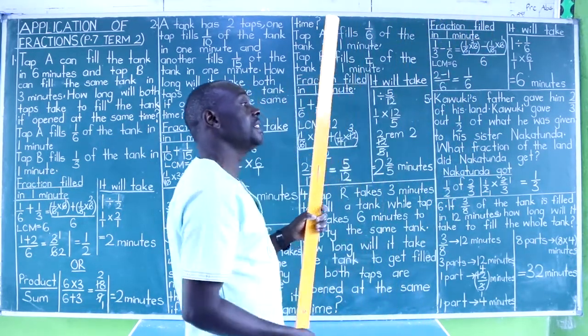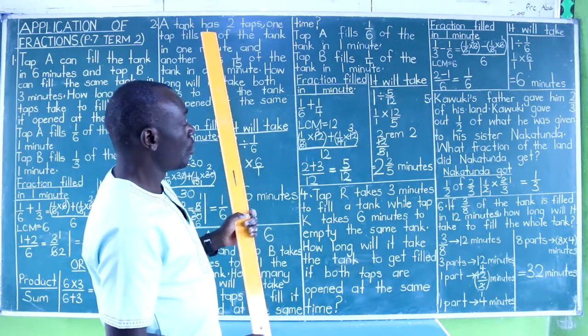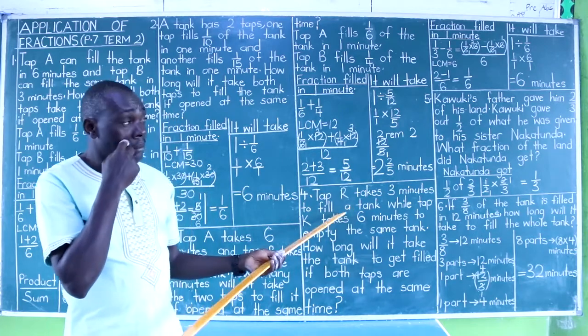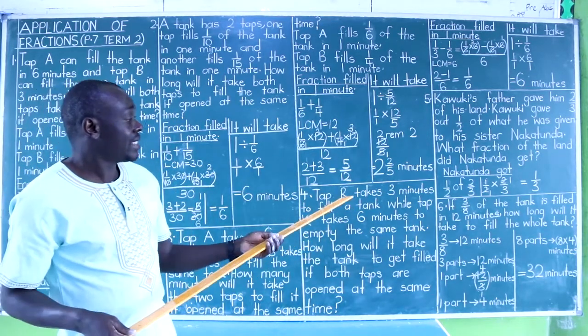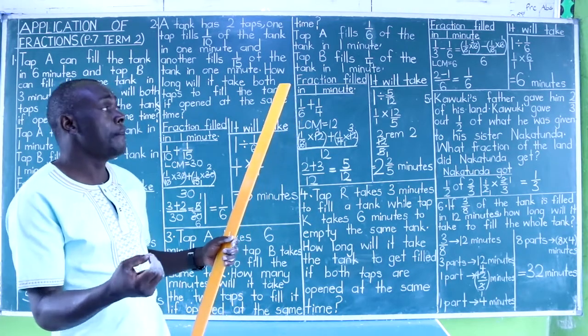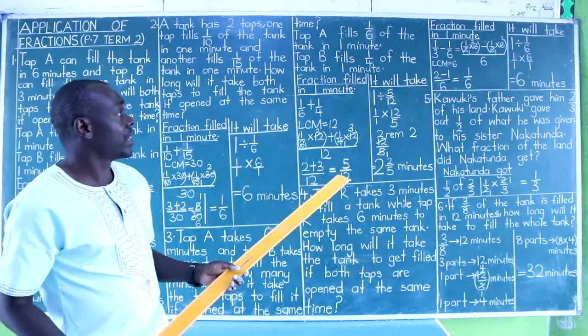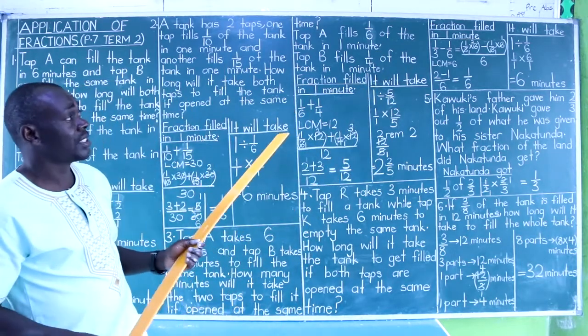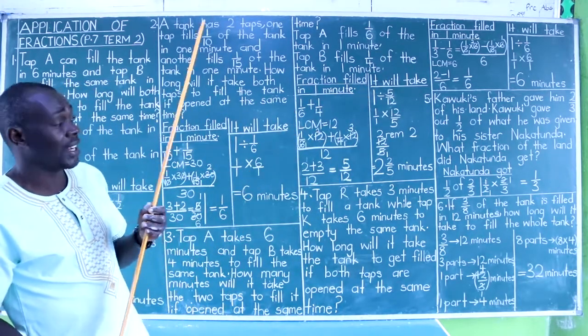Remember, one is filling, another one is emptying. So the examiner must be careful in setting this, because the filling tap must be bigger, so that the fraction that is emptied per minute doesn't take all the water out.